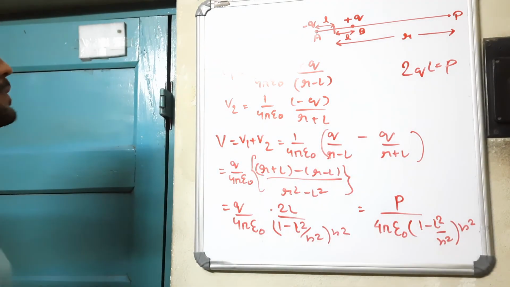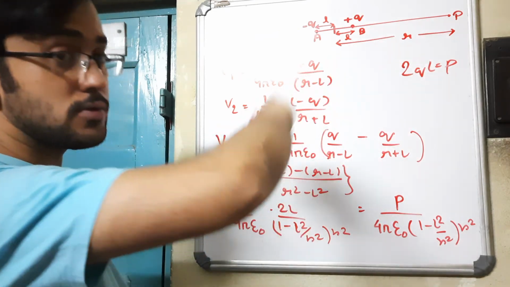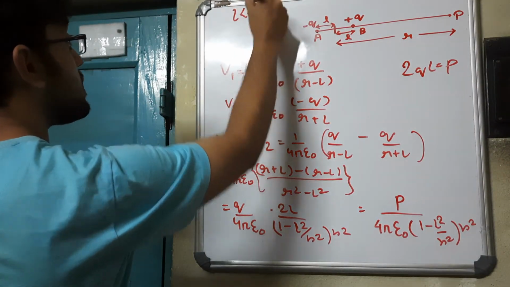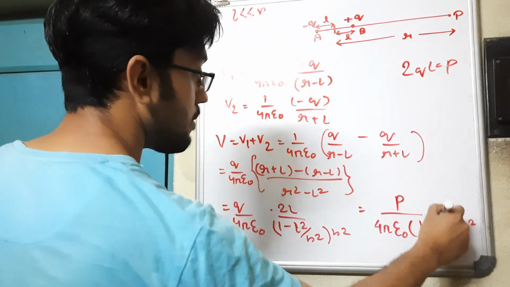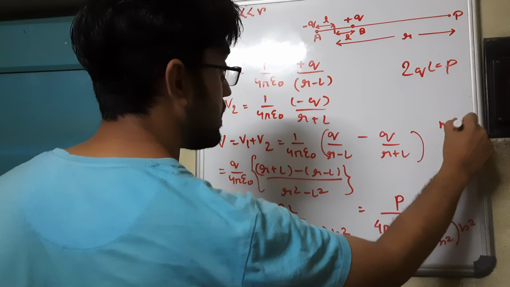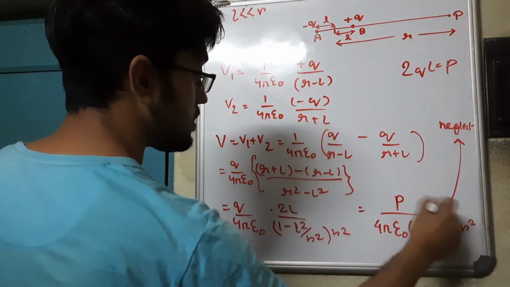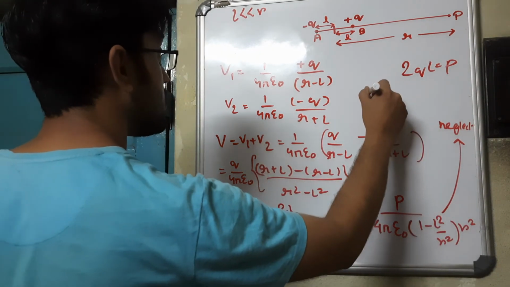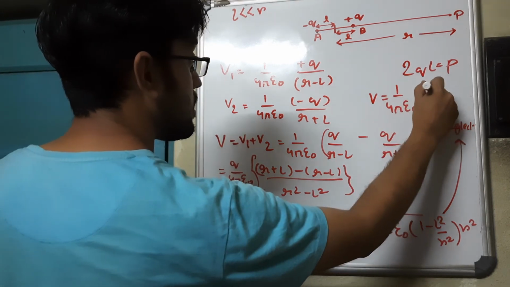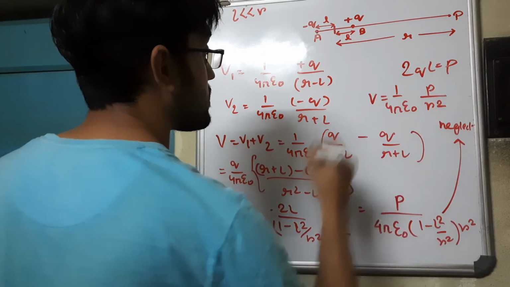Now if it so happens that this point P is so far away from the dipole that the length L is much smaller than r. So in that case, L square by r square, this quantity is negligible and we can simply neglect it. So this term will then become 1 by 4 pi epsilon naught P divided by r square.